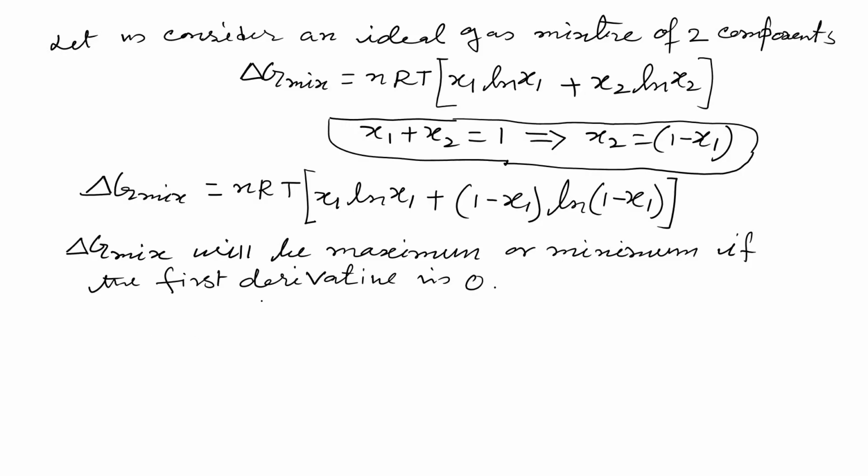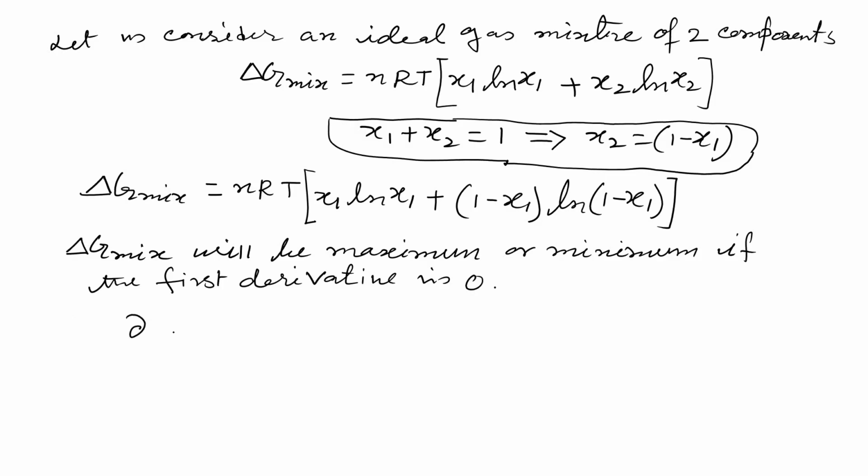That means what is that first derivative in the sense? This is the variable, no? x1. So we have to differentiate with respect to x1 at constant temperature and pressure.